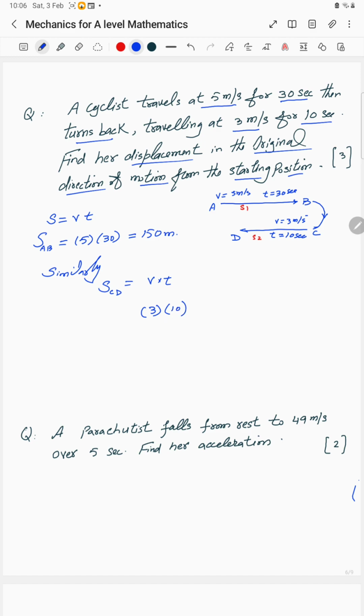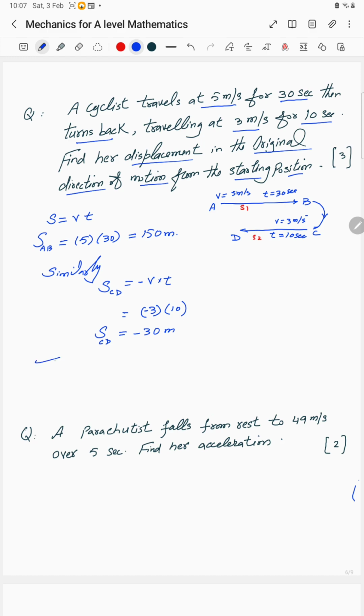As you can see, we are talking about displacement, and displacement is a directional quantity. So for the first case, A to B, it is moving towards the right, so we took it as positive. From C to D, it should be taken as negative, right? So I can put negative here, so it will be -3. So it comes to be -30 meters for CD.